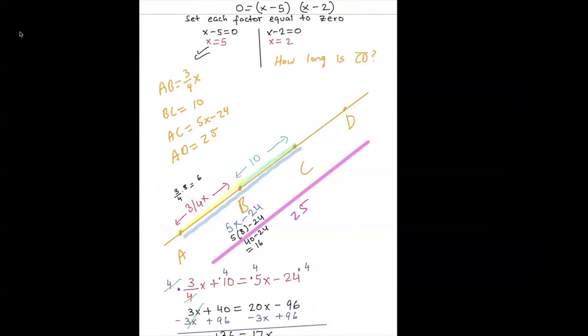Okay, we needed to find CD. How much is CD? The entire line is 25. This much is 16, so that means this should be 9. Yep, I agree. CD is 9.